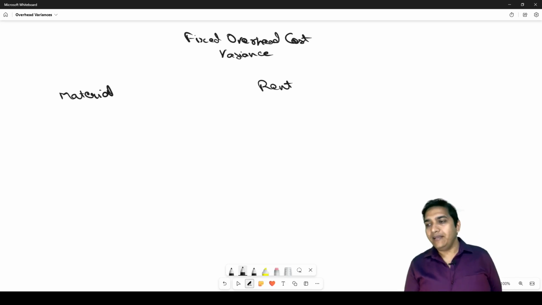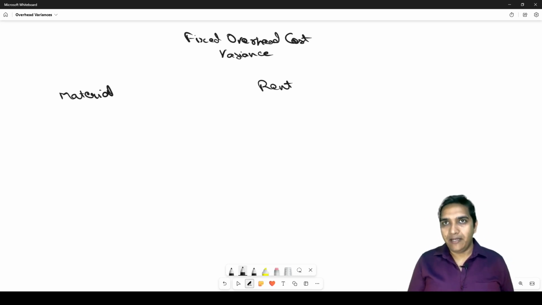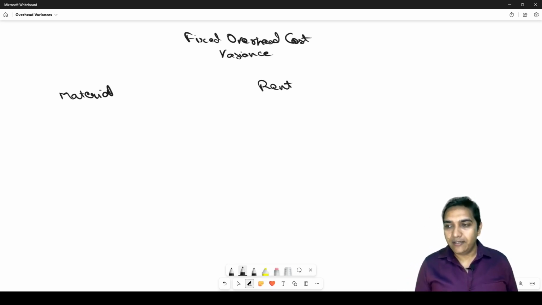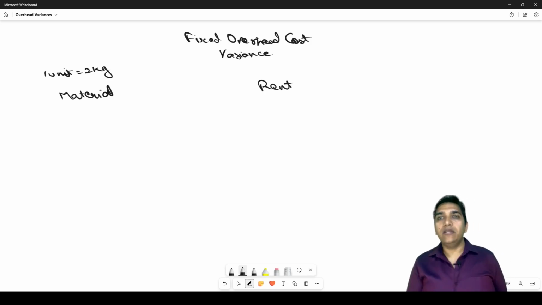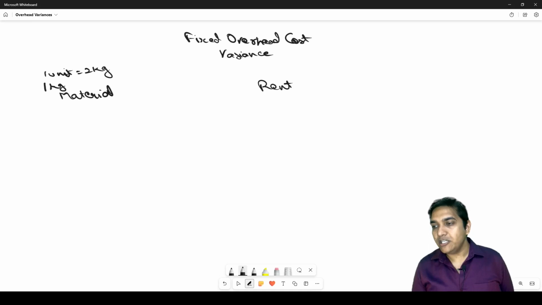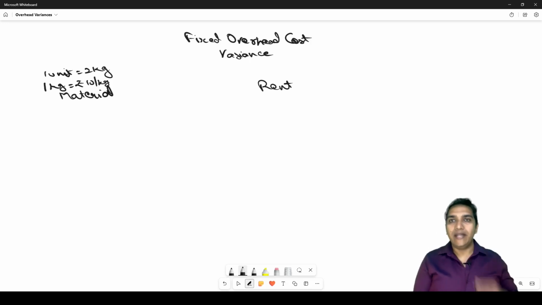Material cost is usually calculated in this way. Say for 1 unit we need 2 kg of material, and 1 kg of material is, let us say, 10 rupees.